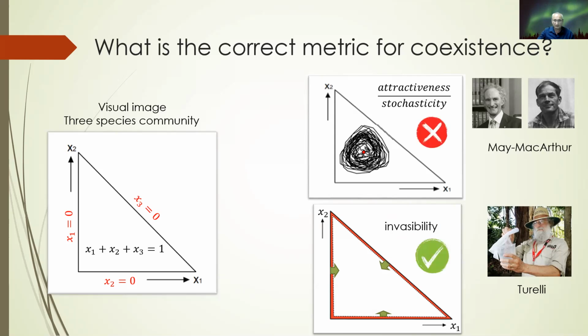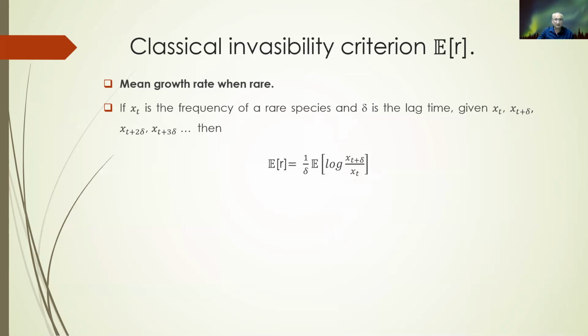During the years, most ecologists accepted Turelli's approach or paradigm. So nowadays the coexistence theories are focused on the ability of all species to invade from rarity. How to quantify invasibility? This is usually done using the classical invasibility criterion, which is just the mean growth rate when rare.